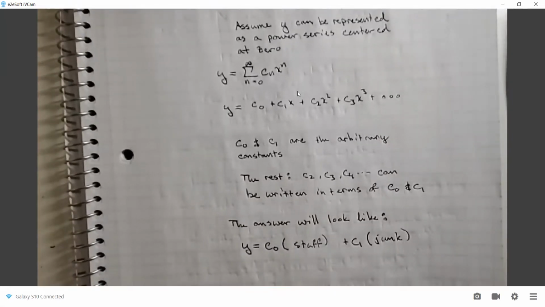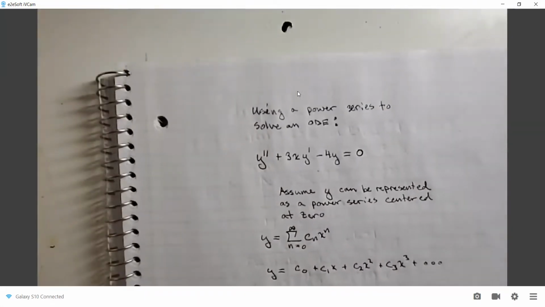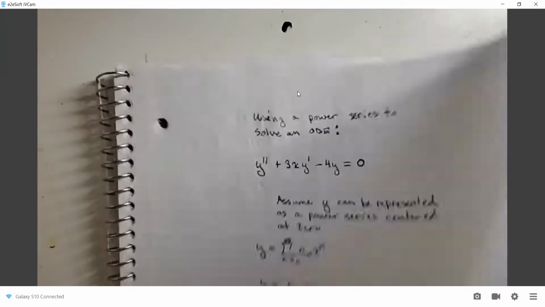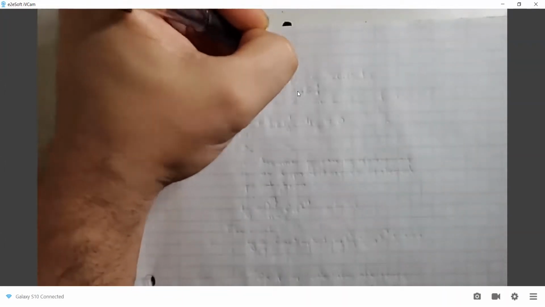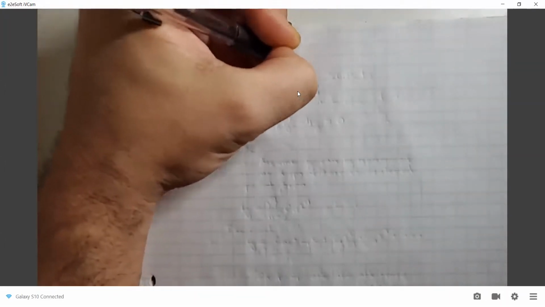All right, now it's a big mess with the sigma notation, so we have to be very, very careful with this stuff. So I'm going to rewrite my differential equation right here. It was y double prime plus 3x y prime minus 4y equals 0.